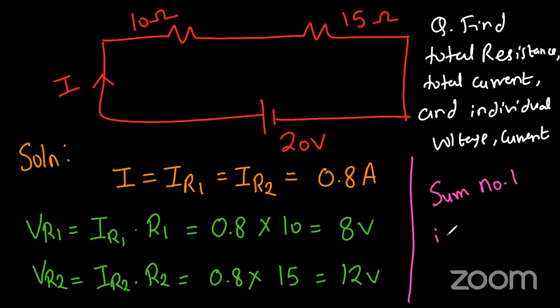If there is any doubt, use the chat box and mention your doubt, else you can write sum number 1 is clear. Come on, tell me. So Sara has written, Krishna has written, Rachit, Amol, Mandar, Disha.